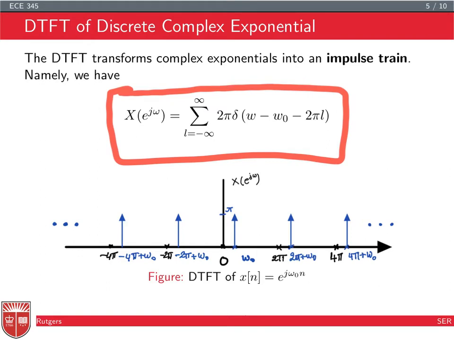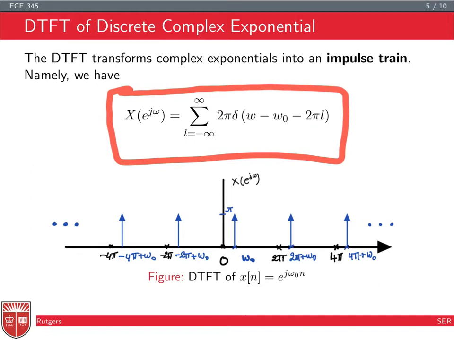You can see here that you have a train of impulses that are spaced by multiples of 2π. So here is the sum from L equal to minus infinity to plus infinity, 2π δ(ω − ω0 − 2πL).